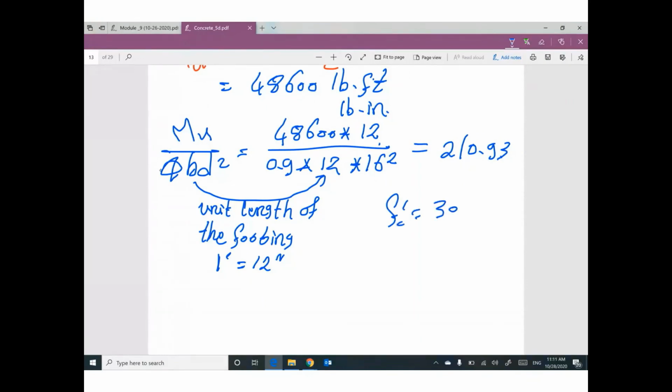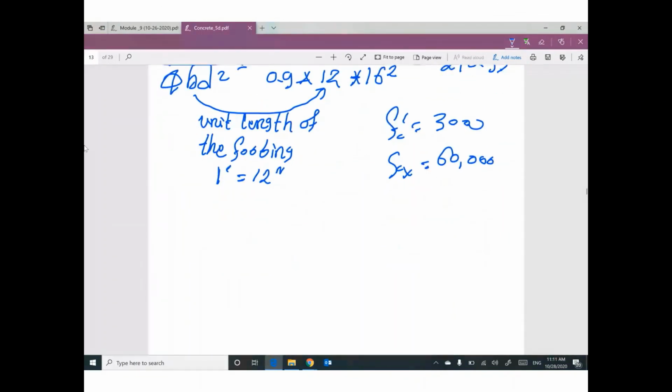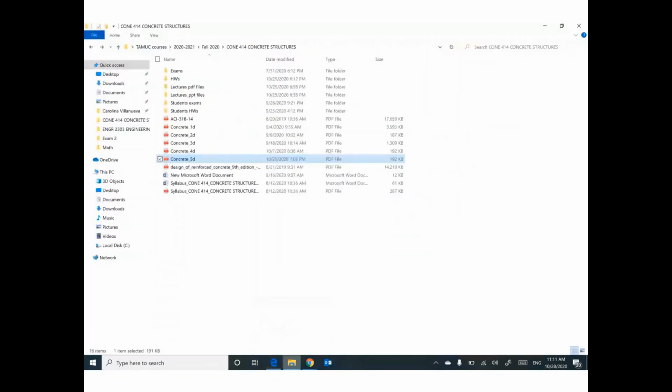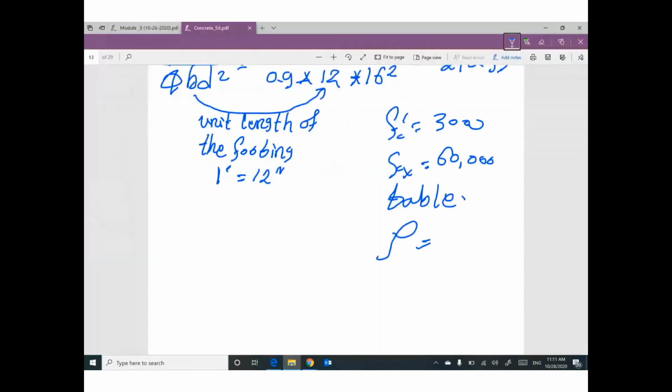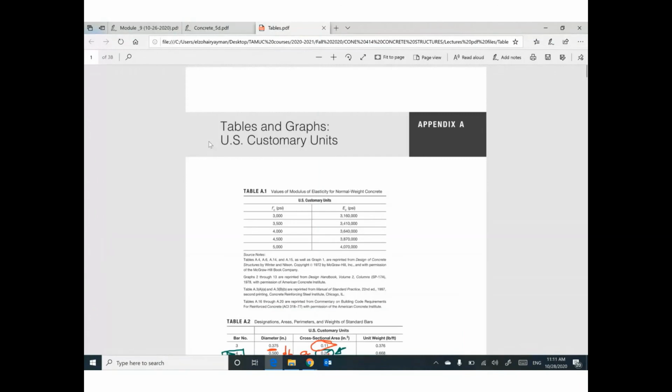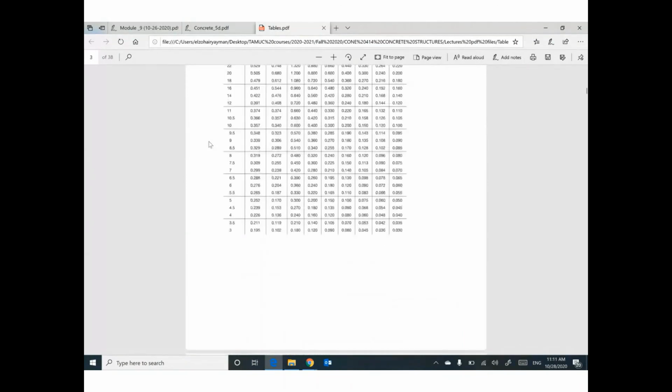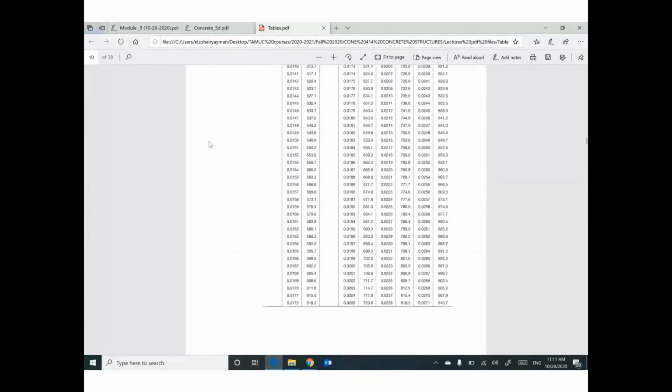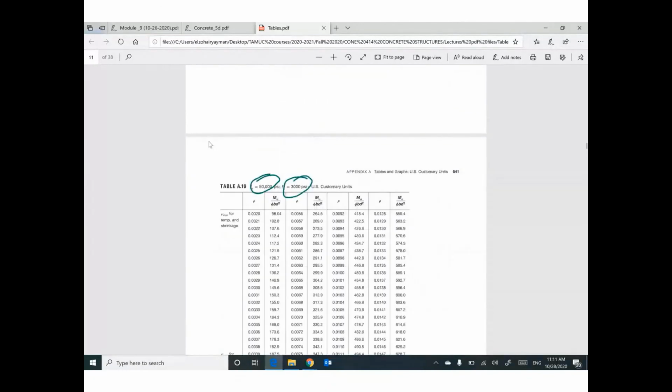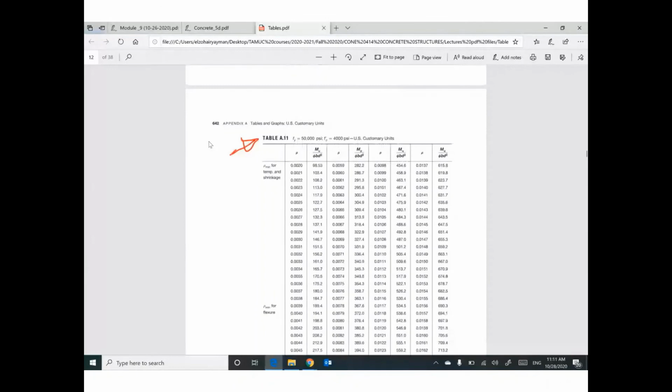F yield equal 60,000. So I can go to a table to figure out the value of rho. Let's do it. Just a second. Table. 3,000, 50,000, 60,000, 3,000.